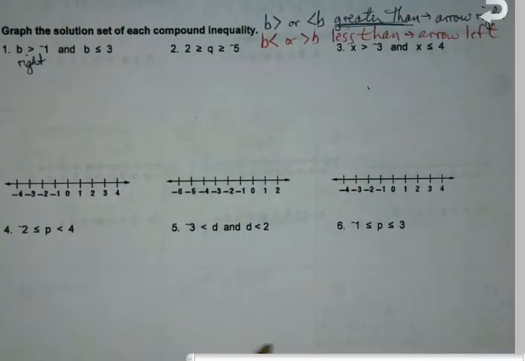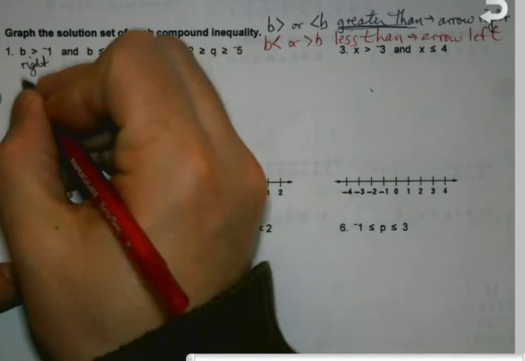There's one other little detail we have to pay attention to. I have one more decision: the circle I put on -1, is it open or closed? It's going to be open because it's just greater than.